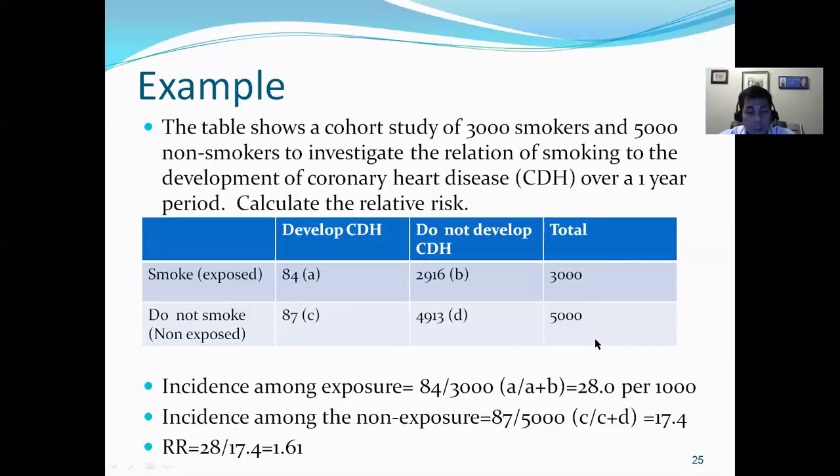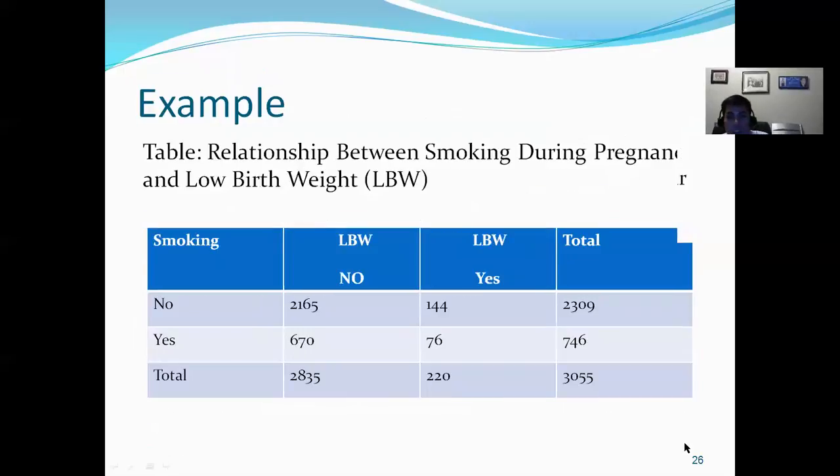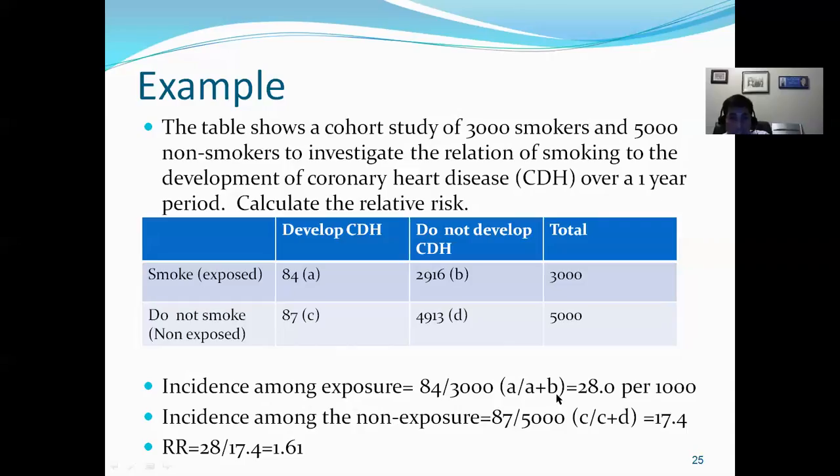And it's just a ratio of exposed and non-exposed. That's what relative risk is all about. So simply put, we just look at the incidence among the exposed. So 84 divided by 3,000 equals 28.0 per 1,000. The incidence among the non-exposed is 87 right here, divided by 5,000, is about 17.4.